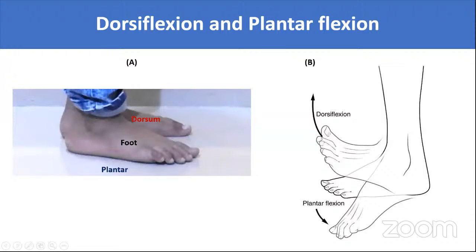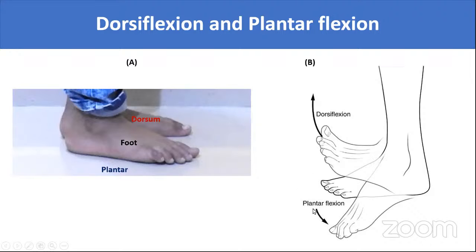Here the question arises: the opposite of flexion is extension. So when it is dorsiflexion, this should be called plantar extension. Why is it called plantar flexion? Dorsiflexion is said because this angle is reduced.